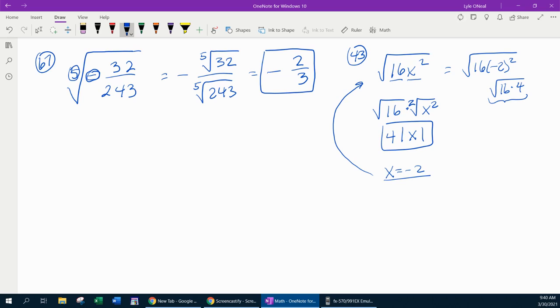So do you see this is going to work out and give me a positive result? The square root of a positive number is positive. But if I plug that into the answer, but I did not put the absolute value, then I would have 4 times negative 2, which is negative 8, which is a negative answer. And that will not be the same. So that's why you need these absolute value symbols when the index is even.